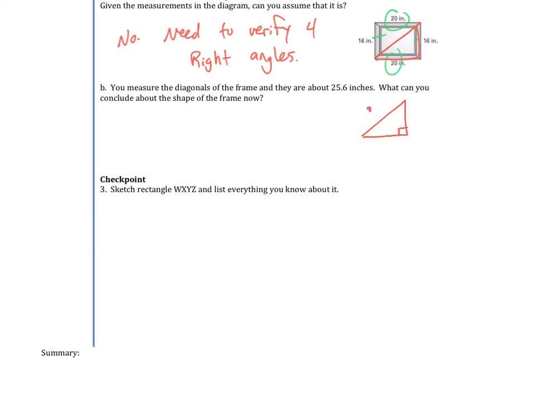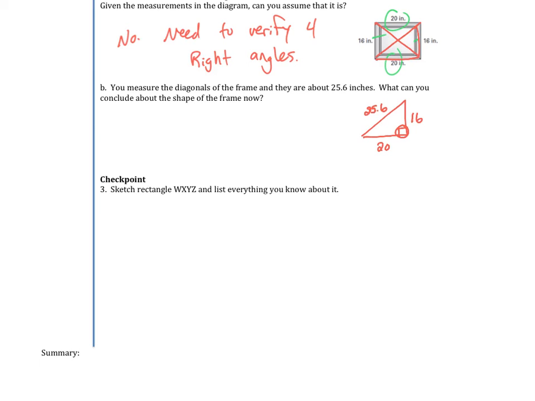what we would have is about 25.6, we would have 20, and we would have 16. So can we verify that this is a right angle? I know I put the box there already. And it says that the measures, sorry, I misread that. It says the measures of the diagonals are both 25.6.